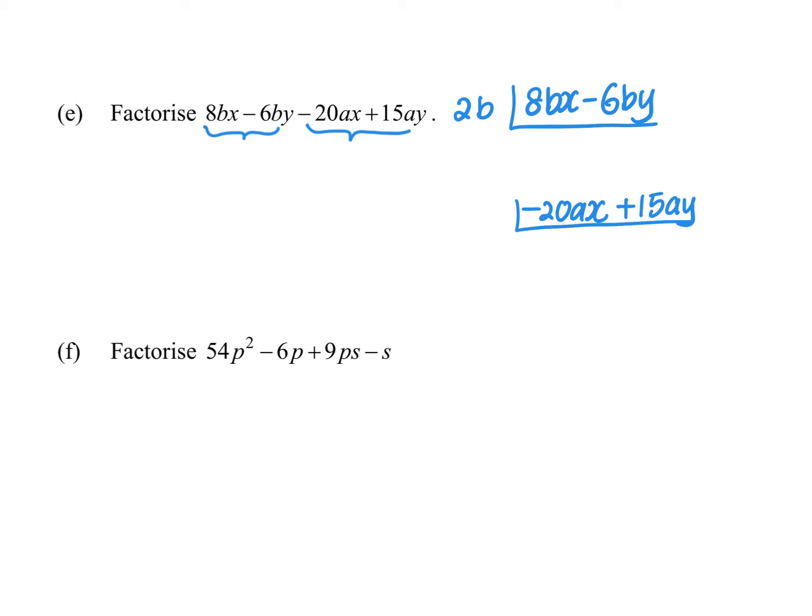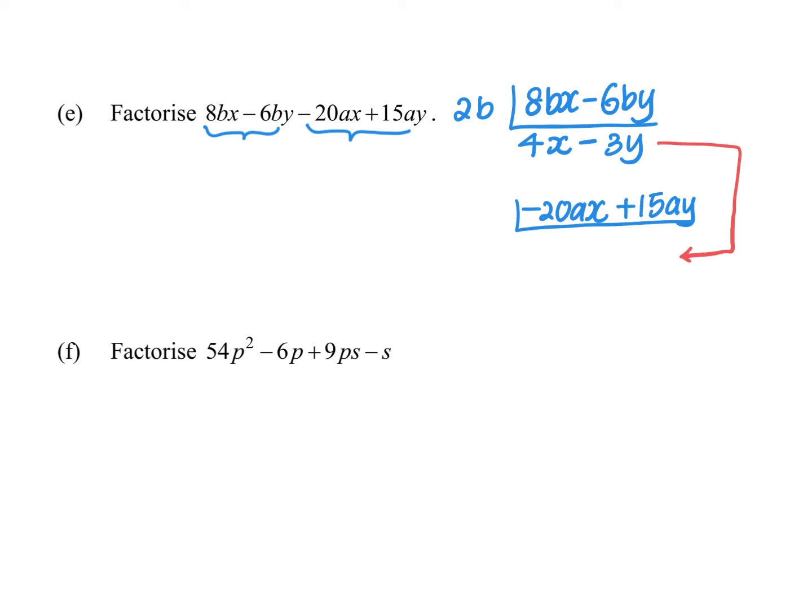So 8 divided by 2 is 4, bx divided by b is x, and minus 6by divided by 2b gives 3y. So now I have 4x minus 3y, and I must make sure the other group of factors can also result in 4x minus 3y.